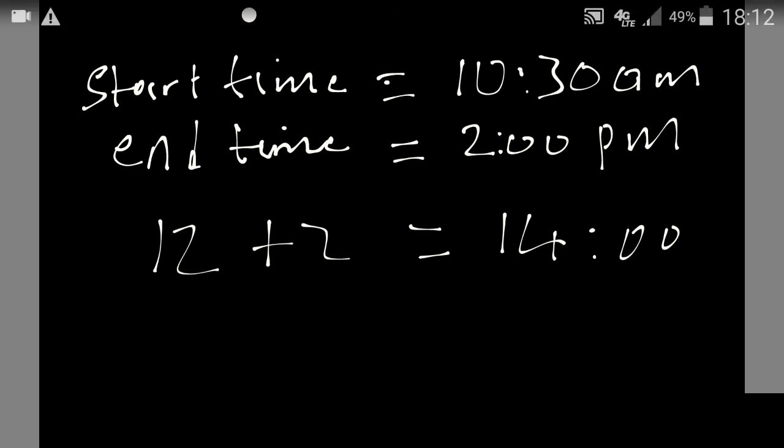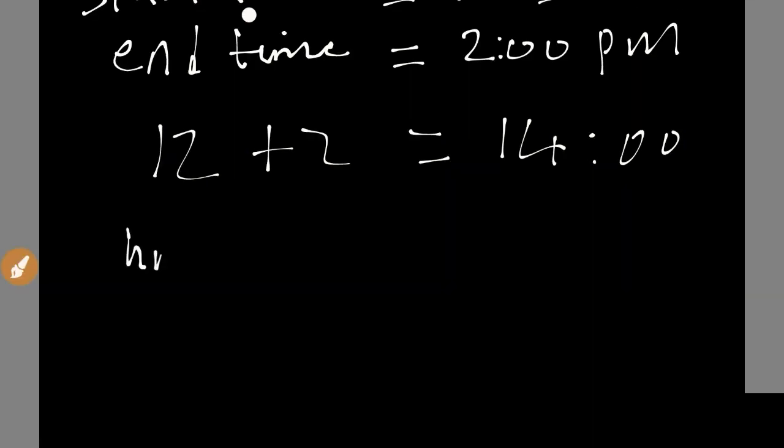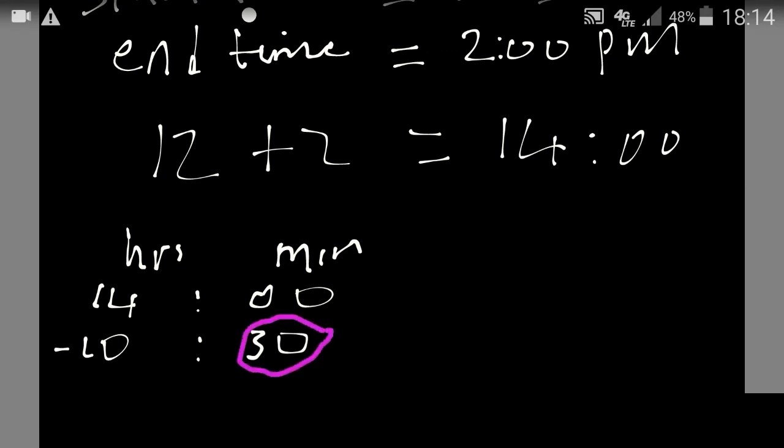So the next step is to subtract the starting time from the end time. So let's say here we write hours, and then here we write minutes. We are now going to subtract 14 o'clock minus 10:30. But the minute in the starting time is greater than the minute in the end time. So in this case, what you need to do is to take 1 hour from 14 and change it to minutes and then add it to here.